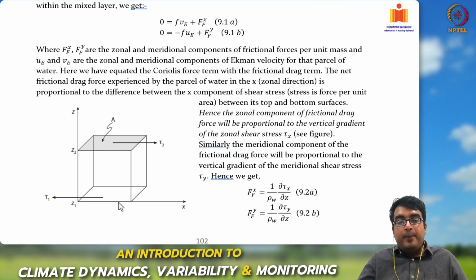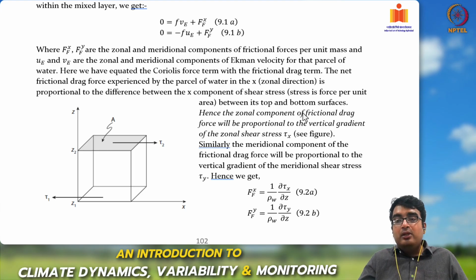So, suppose you have a parcel of water oriented in the vertical direction. There is a shear stress acting in the X direction on its top surface and a smaller amount of shear stress acting in the negative X direction in the bottom surface. The difference between these two shear stresses is a net frictional drag force that is acting on this volume of water.